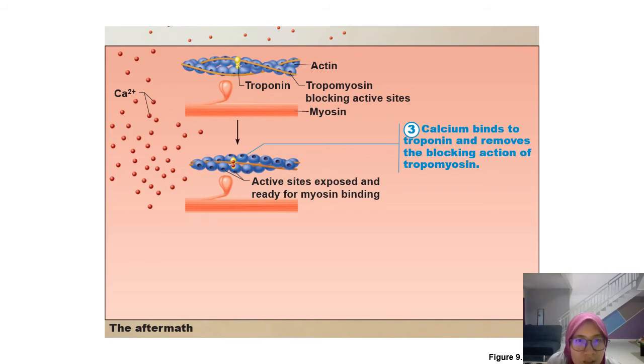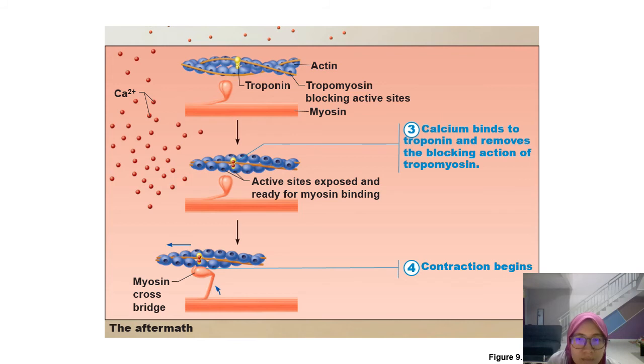So the active sites are exposed and ready for myosin binding. And after the myosin and actin bind together, the contraction begins. We call this the myosin cross bridge.